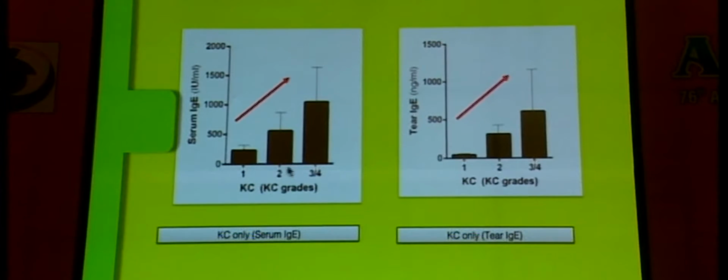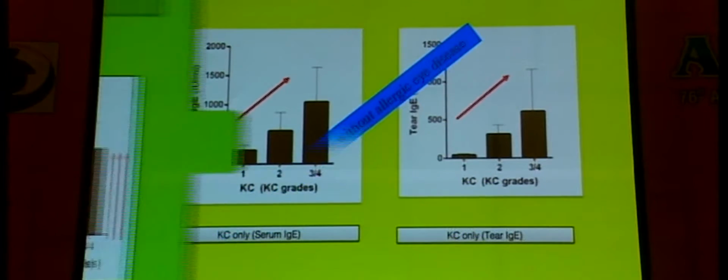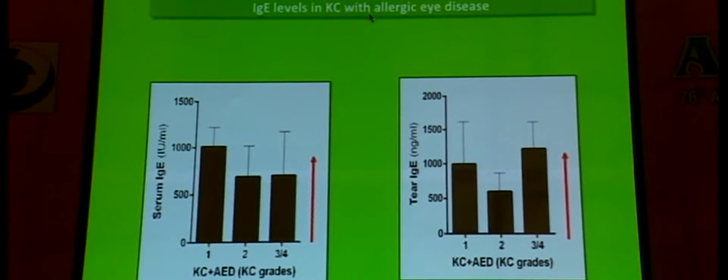You can see that it looks like your topography. It is high. That means that patients who have no allergy, who are otherwise asymptomatic, still have high levels of IgE in tears, which matches with your grade of keratoconus. So the pathology just may not be an allergy, but pathology could be something inherent, something the patients may have, some atopic tendencies. And when we compared keratoconus with allergic eye disease, the grades did not really match. It was not as simple as we see in this.